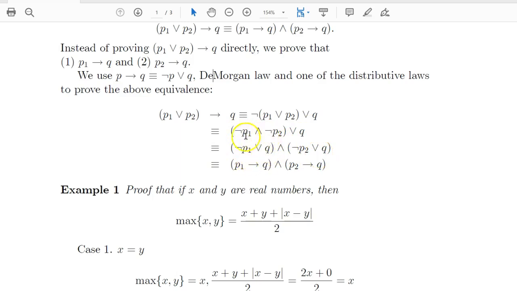But the expression in the first parenthesis is equivalent to if P1 then Q, and the expression in the second parenthesis is equivalent to if P2 then Q. So we establish the equivalence that we want.